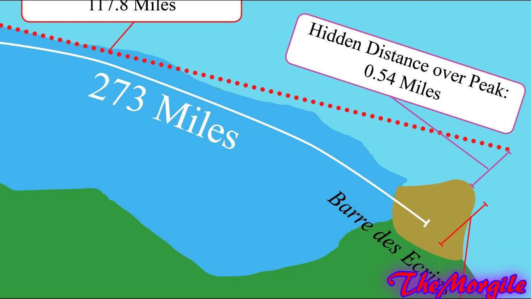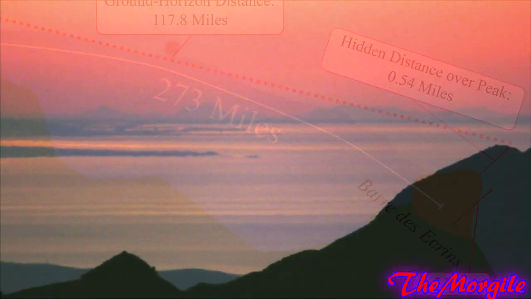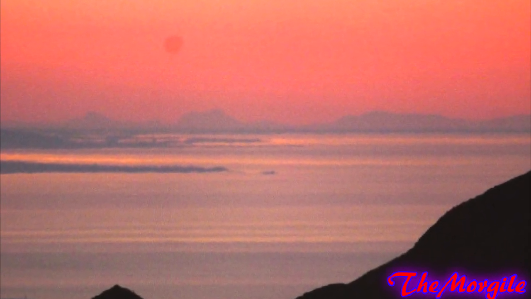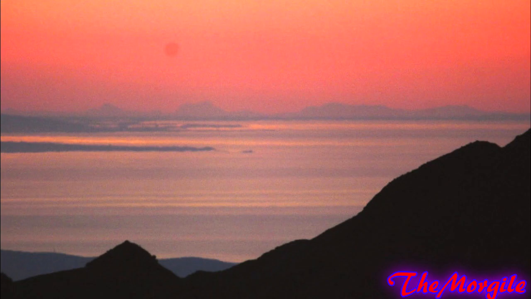So in this example, this world record landscape distance photography, which has been the topic of 2 of my latest flat Earth videos, because it is such a profound piece of evidence showing the Earth to be a plane, what we're actually seeing there is not a mountain that is about an inch tall.